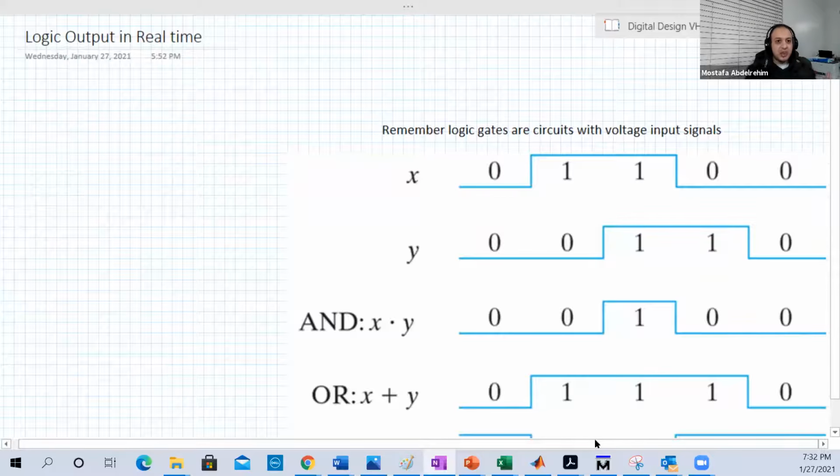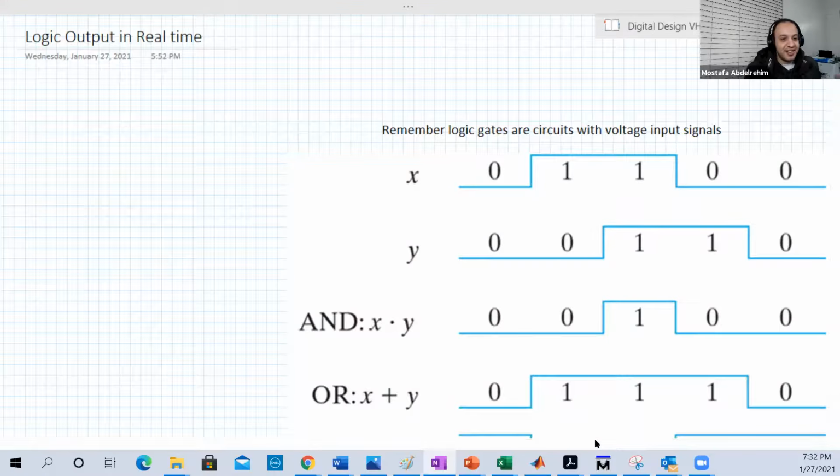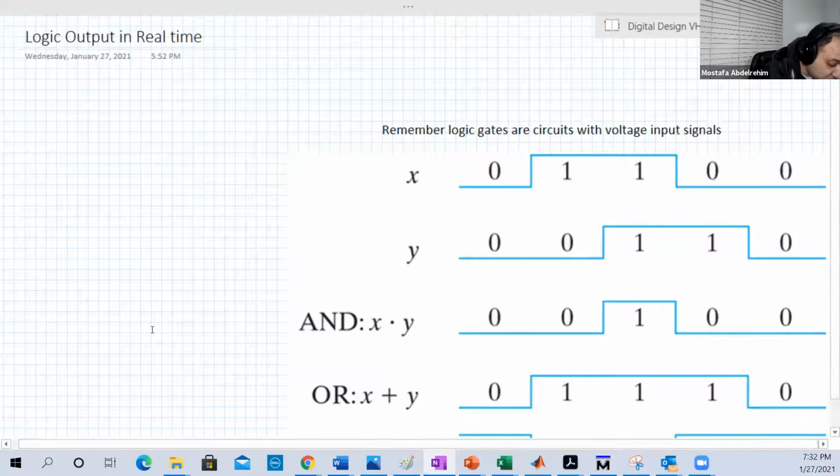Since we know now that these are actually signals, voltages, we should also imagine the situation when you have a stream of input data that goes into your circuit, goes to your inverter, or goes to your AND or OR circuit. What should it look like?